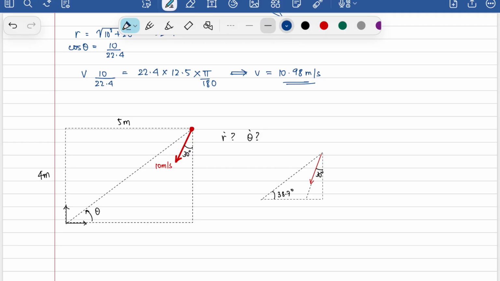What is the radial unit vector? It would be in this direction. And what is the transverse unit vector? It will be in this direction. So this here is E theta hat. This here is E R hat.